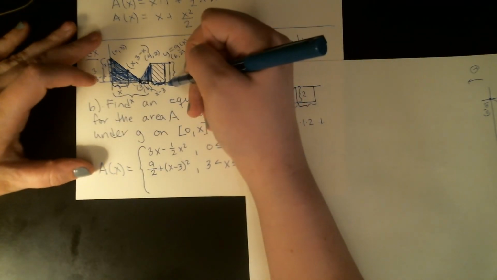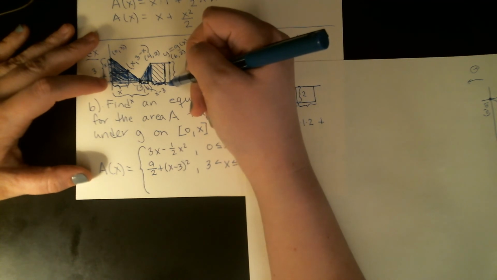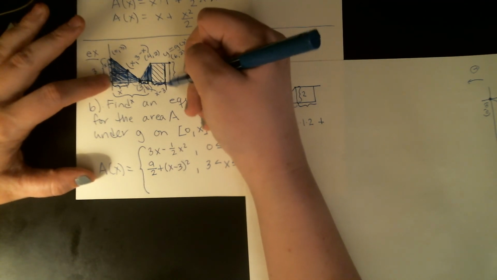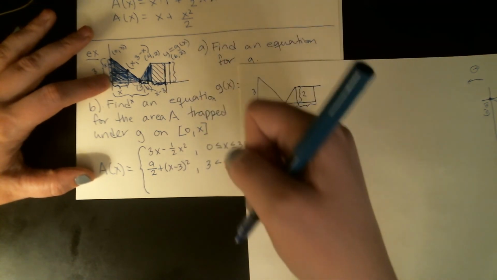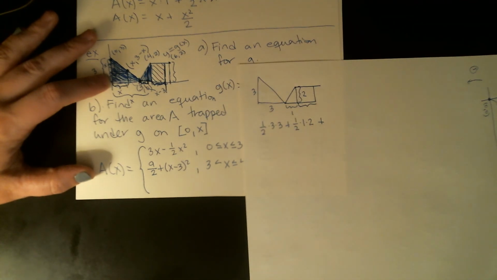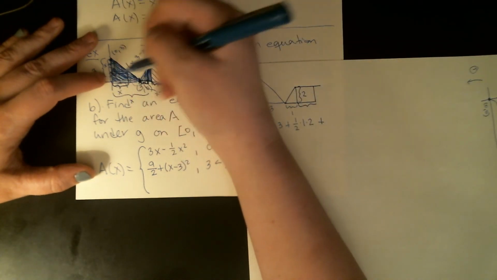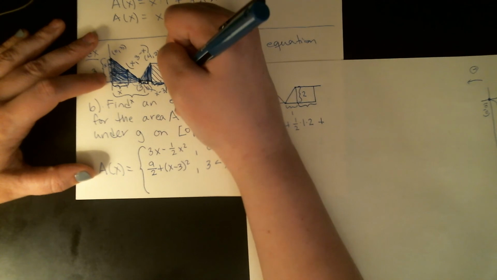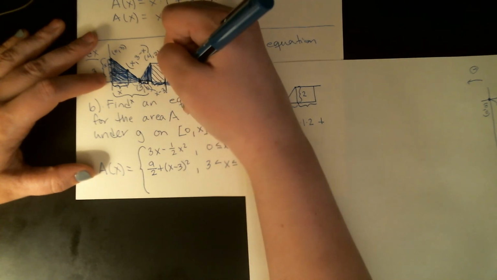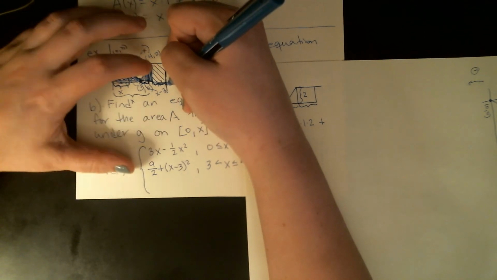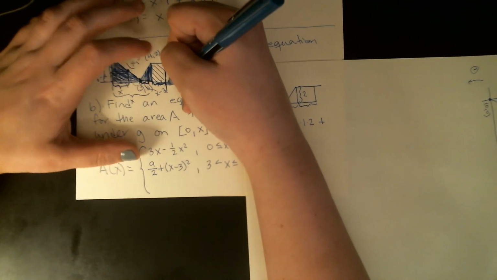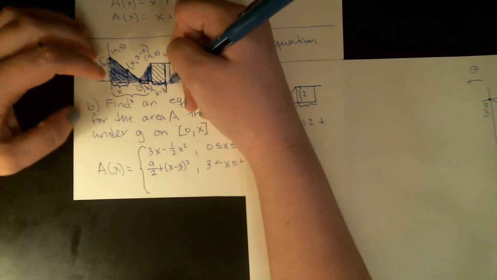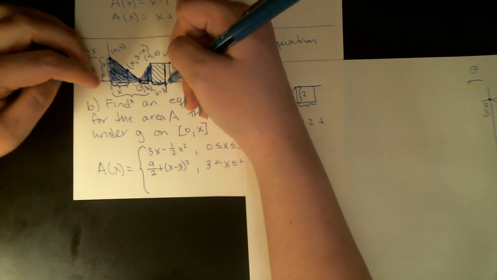the base of this rectangle, okay, so x goes all the way from 0 out to here. So again, x is the x coordinate we stop at. So this is scenario number 3. We've painted the entire first triangle and second triangle, and we decide to stop somewhere out here in the rectangle.